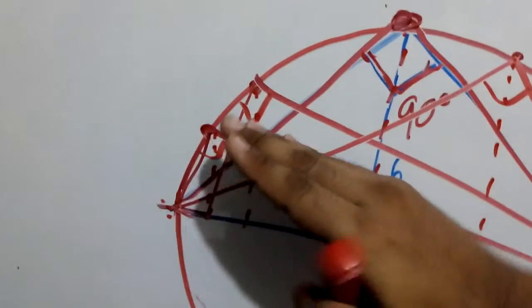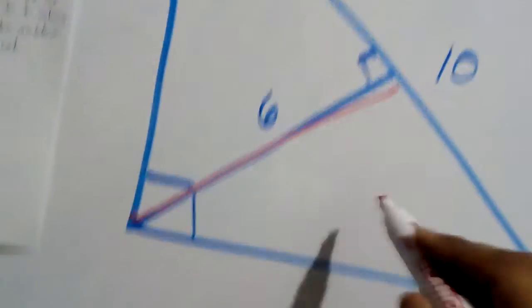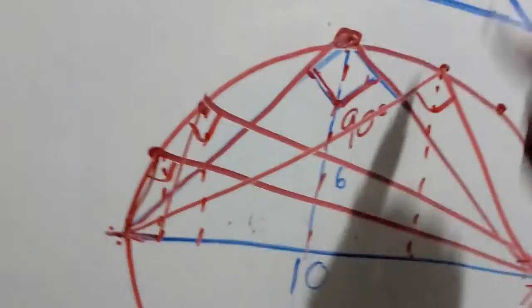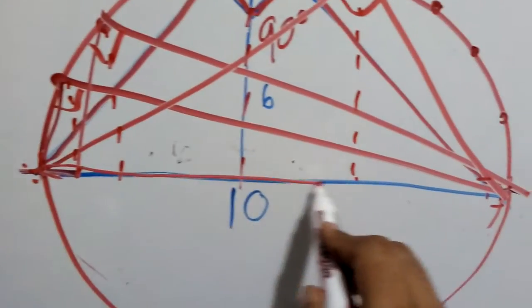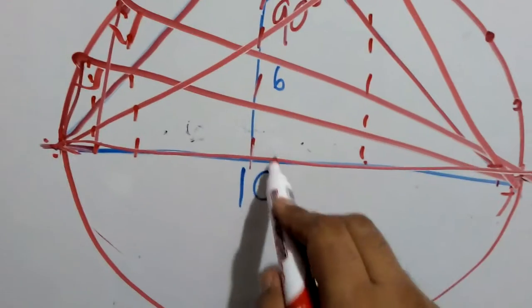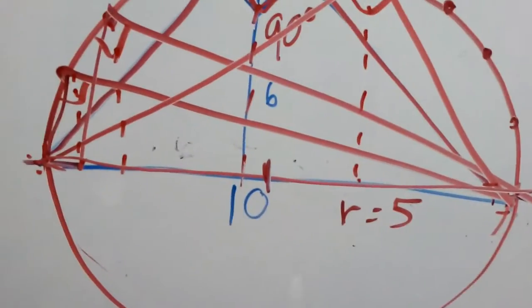This measure is changing in all the triangles, and we already know that the diameter is 10. This means that the radius is 5.